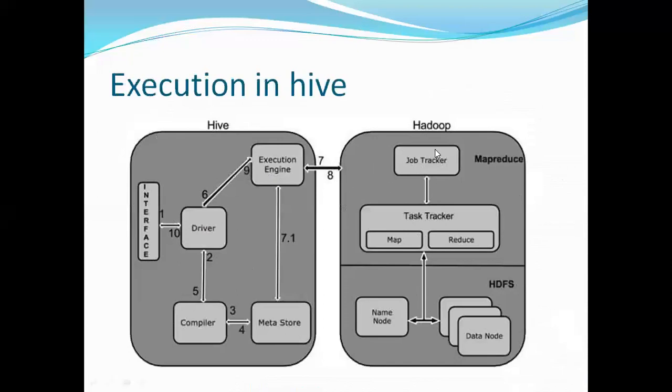From there it goes into Hadoop and the MapReduce jobs get run. Hive is responsible for creating MapReduce jobs for any query that is given. It will create a MapReduce job that runs in a specific way, completing map and then reduce as usual.